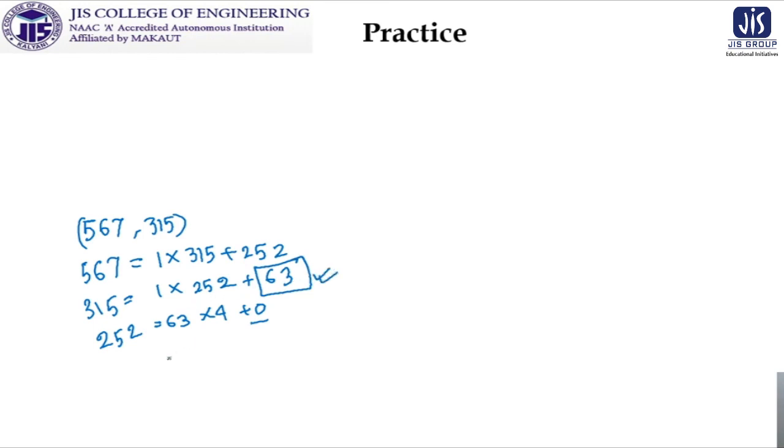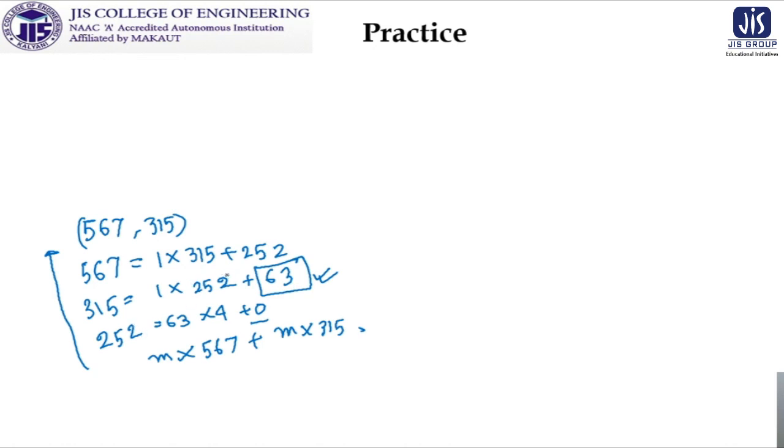You can write it as m into 567 plus n into 315 just by our learned previous slides learning, that is back substitution. So this 63 can be written with the help of 252.